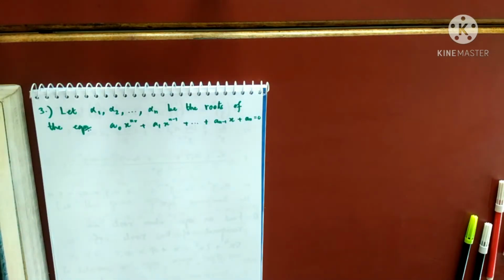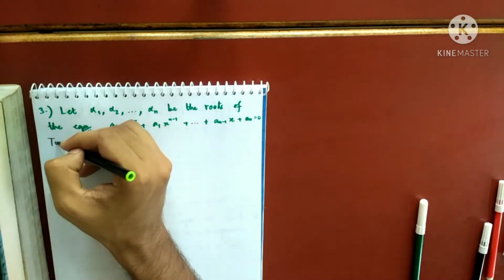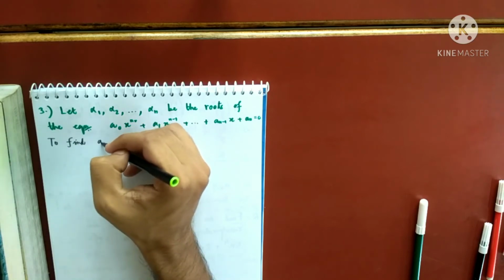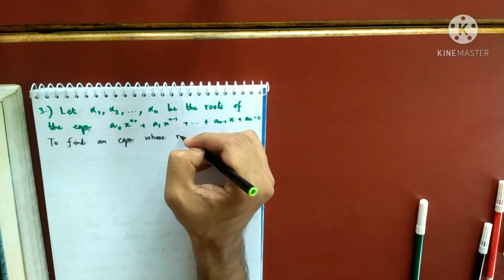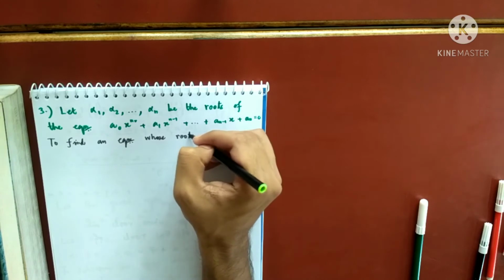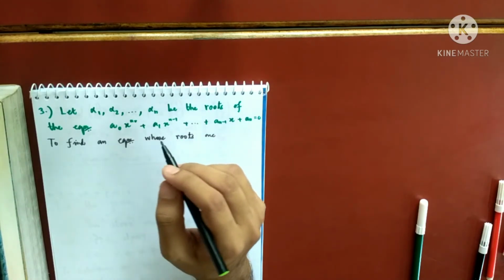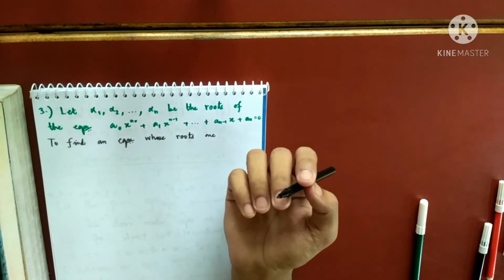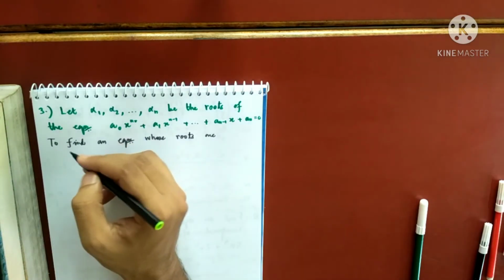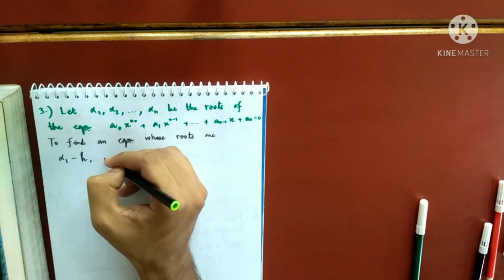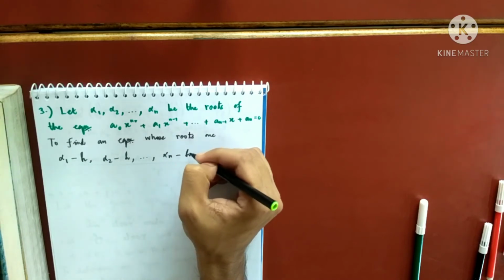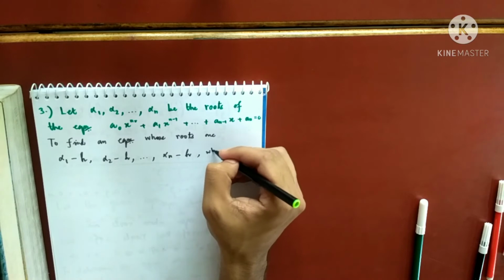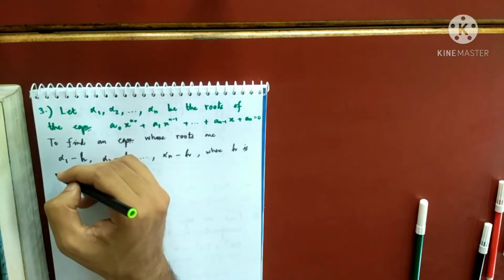To find an equation whose roots are diminished by some number, that is, roots are alpha 1 minus h, alpha 2 minus h, dot dot dot alpha n minus h, where h is a constant.